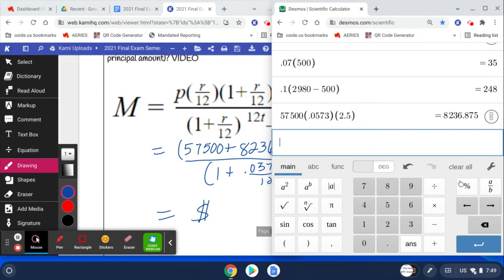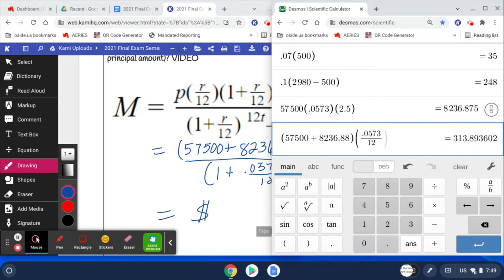So this new principal amount, you can add that and then just type it in, or you can let Desmos do the work for you just by going like this. So 8,236.88, and then times the rate, 0.0573 divided by 12. 1 plus the rate, 0.0573 divided by 12 to the power of 12 times 10, or 120, whatever you're comfortable putting.